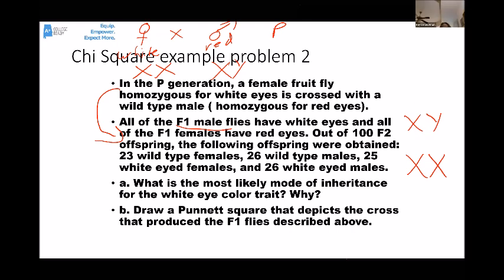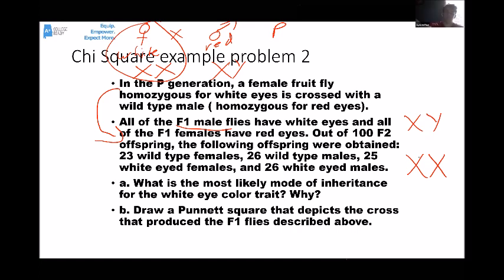The mom. Well, who was the mom? Her. And what are the only alleles she had for eye color? She only had white-eyed alleles, right? So since mom was white, it makes sense that the male would have white eyes if it's X-linked.